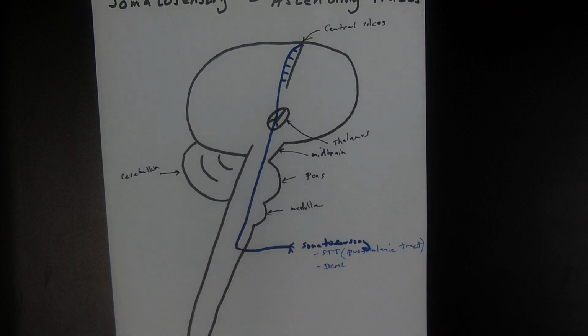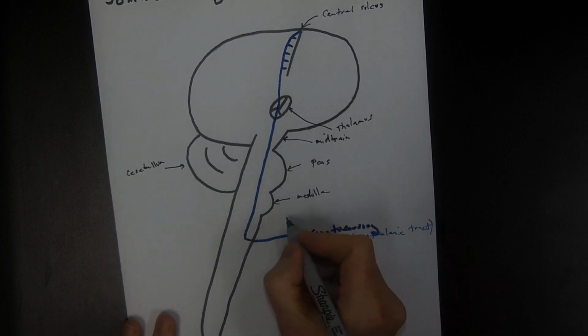This tract is going to be responsible for conveying information mainly from your joints. It's going to convey information responsible for non-conscious proprioception. There are two different tracts. We're going to talk about both of them, but we're going to group them here together.